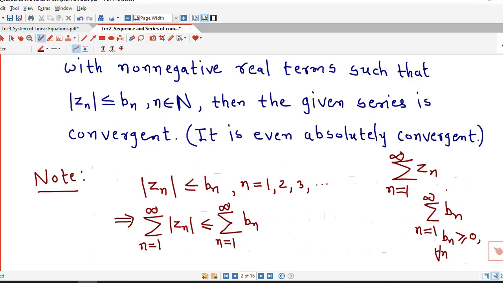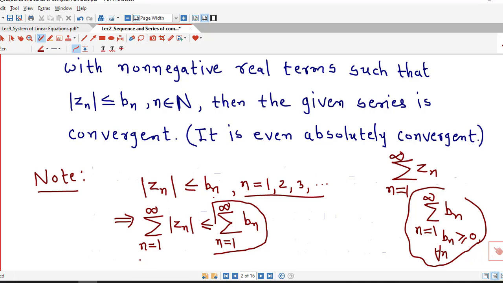So if there exists a series of non-negative real numbers such that the absolute value of Zn is less than or equal to Bn for n equal to 1, 2, 3 and so on, then if we take summation on both sides, sigma mod Zn is less than or equal to sigma Bn, n equal to 1 to infinity. So this sum is bigger than this infinite sum.